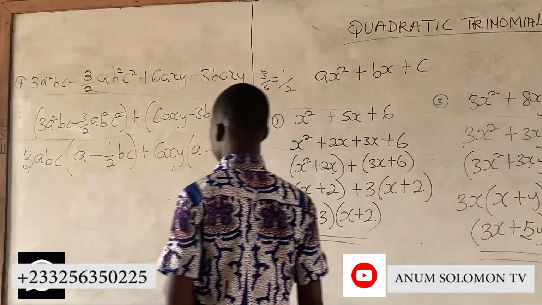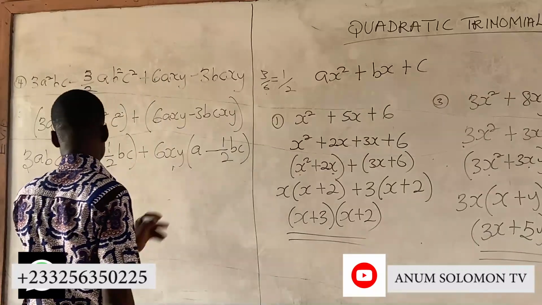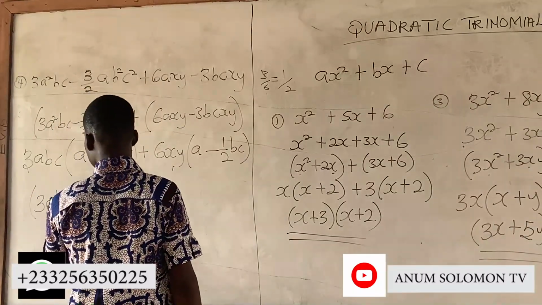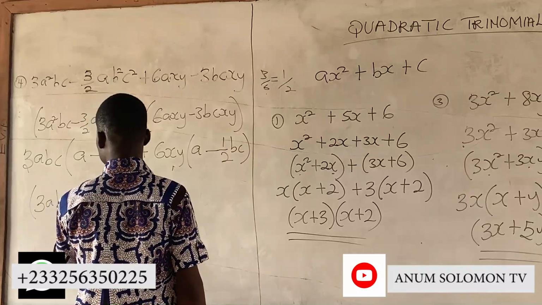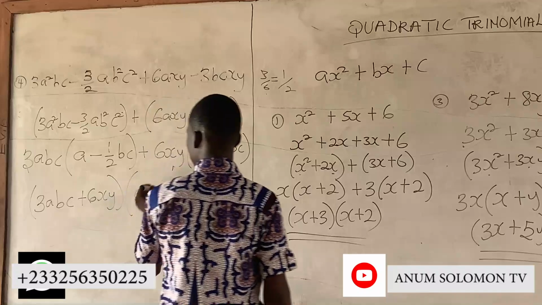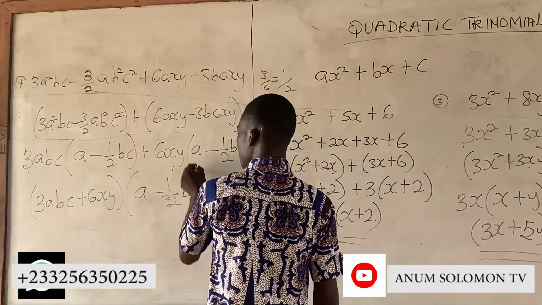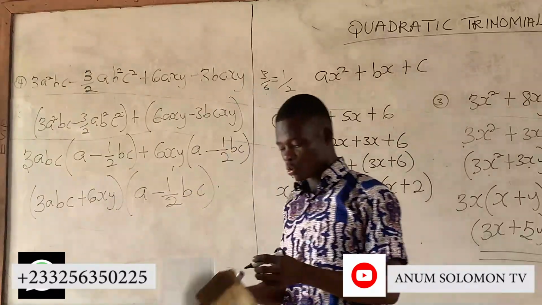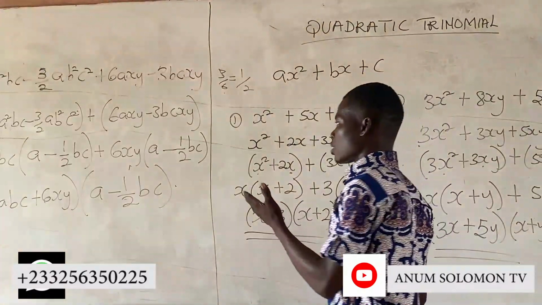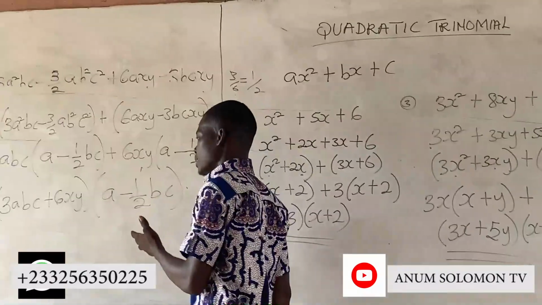Now you can clearly see that these two brackets are the same. Now let's consider the terms outside: 3abc plus 6xy, times the bracket a minus 1 over 2 bc. This is how to factorize this expression.